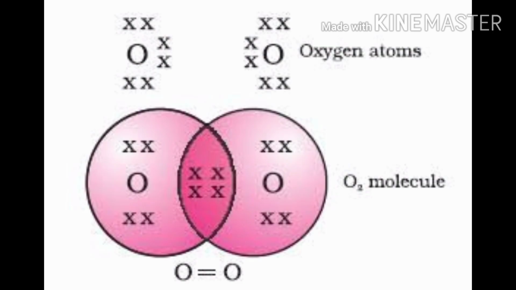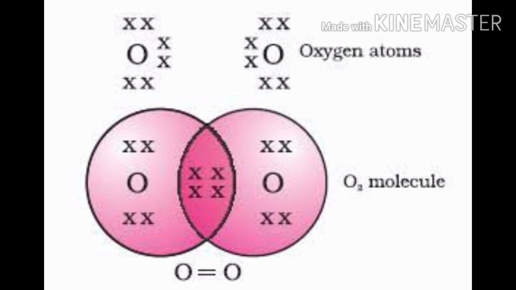Next is the case of the oxygen molecule. The atomic number of oxygen is 8, and it has 2 electrons in the K shell and 6 electrons in the L shell, and it requires 2 more electrons to complete its octet. This figure represents the formation of the oxygen molecule, and there are 6 valence electrons around each oxygen atom.